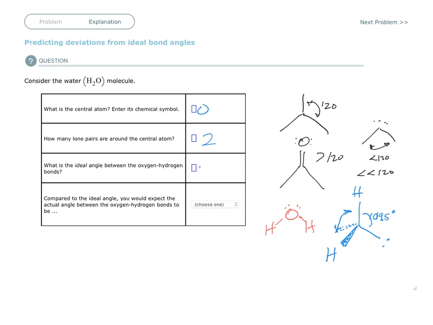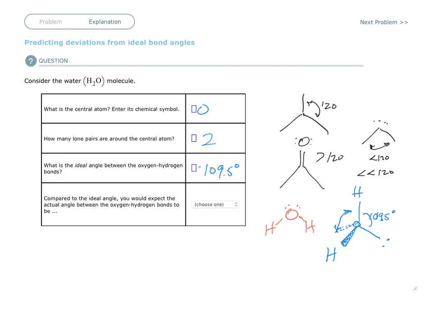What is the normal angle for tetrahedral? You'd have to look it up. It's 109.5 degrees. What would you expect, compared to the ideal angle, the actual angle to be between the oxygen-hydrogen bonds? So here's an oxygen-hydrogen, and here's an oxygen-hydrogen, those 2 arms.